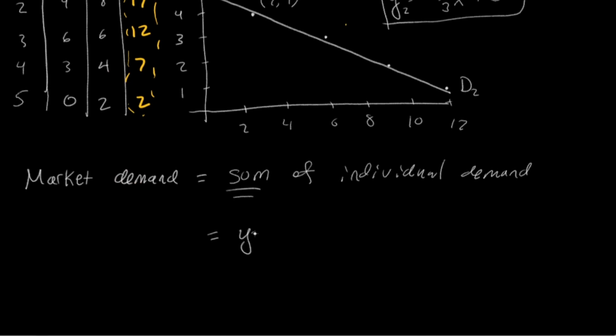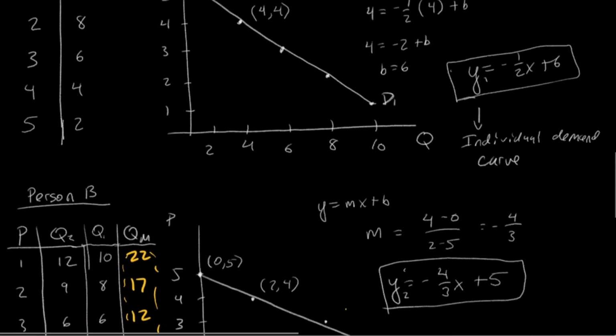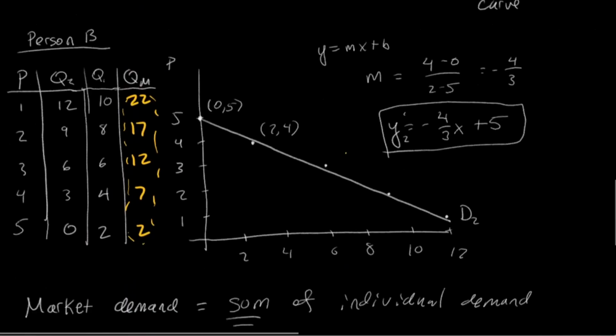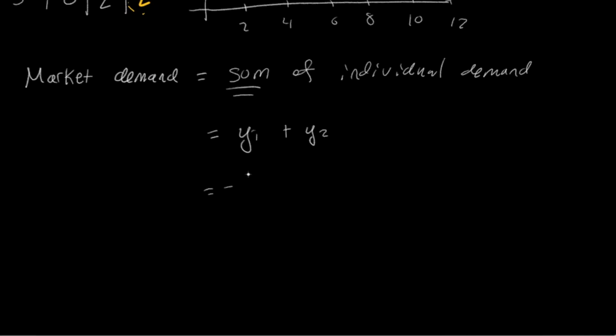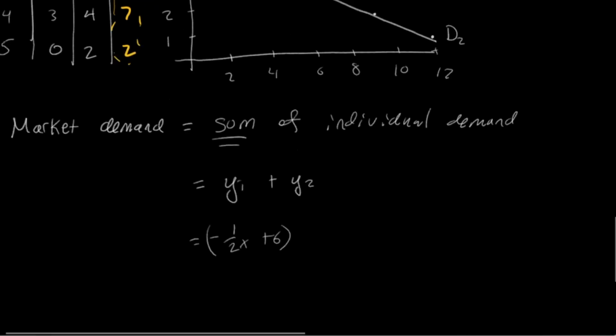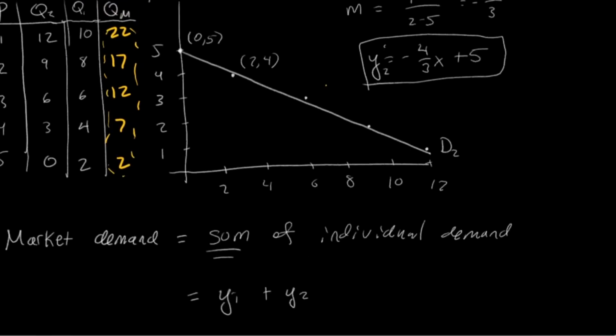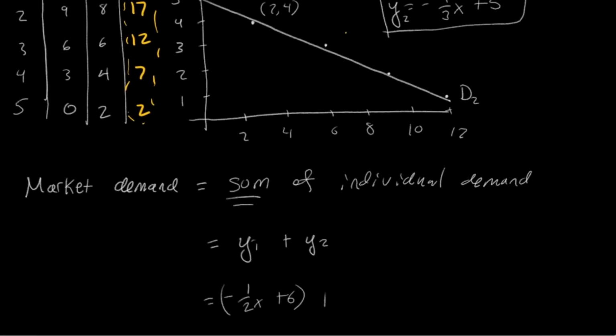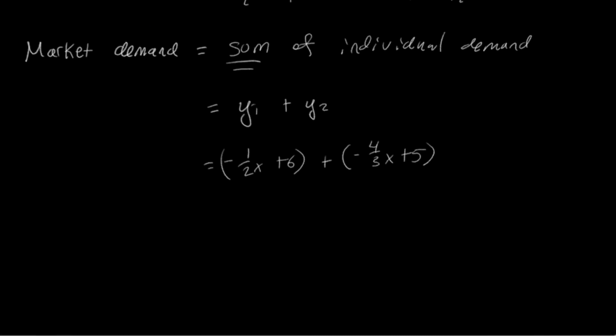So those will be y1 plus y2. That's equal to, y1 is minus 1/2 x plus 6, plus y2, which is minus 4/3 x plus 5. And we just add like terms.